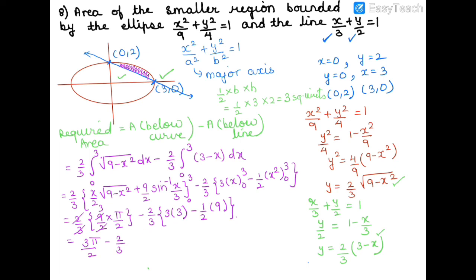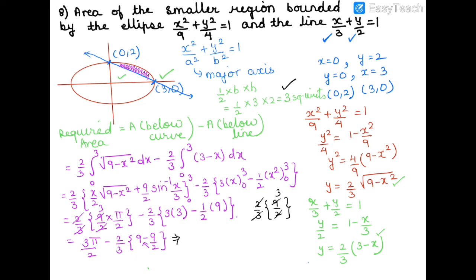So basically, I'm getting 9 minus 9 by 2. So when I take the LCM over here, this part will become 2 by 3, and 9 2s are 18 minus 9, 9 by 2. So 2 and 2 will get cancelled, and see, this was 3, which was my answer.